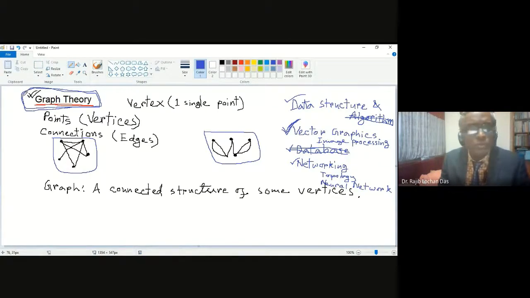We will not go to the depth of neural network or machine learning or deep learning, but this chapter will give you the basic idea, the foundation, so that in future, if you do your masters and learn some more things, then you will find it useful. You will see that, oh, okay, we learned the graph theory in that course. So this graph theory chapter will be a foundation of networking and also vector graphics.